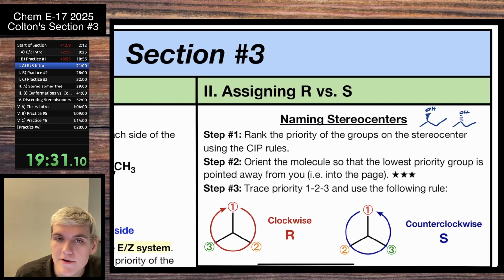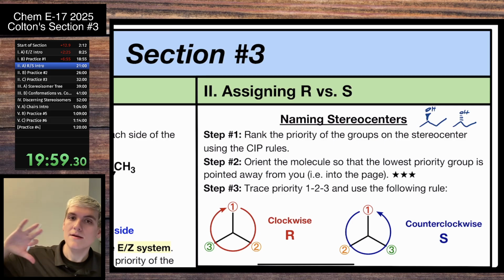Remember, a stereocenter is a carbon that's attached to 4 different things. First thing that we do is exactly what we did with E and Z. We rank the priority of all the things on the stereocenter. So we assign it values 1, 2, 3, and 4. Once we've done that ranking, we orient the molecule so that the lowest priority group is pointed away from us, typically into the page. And again, this is how the rules were formulated.